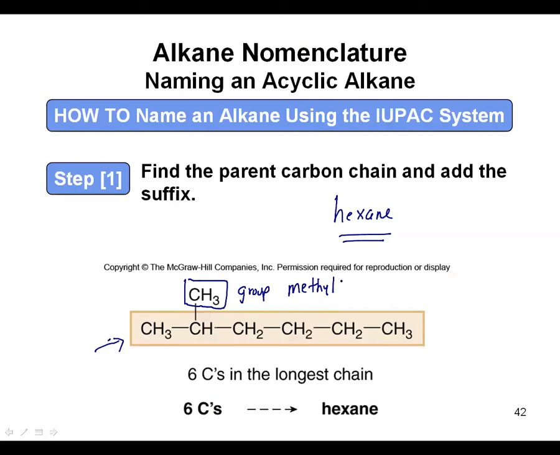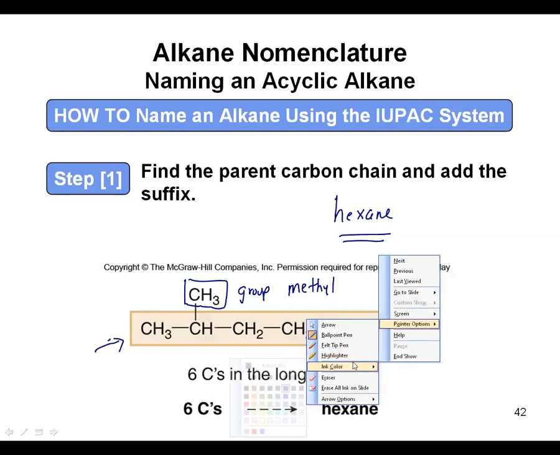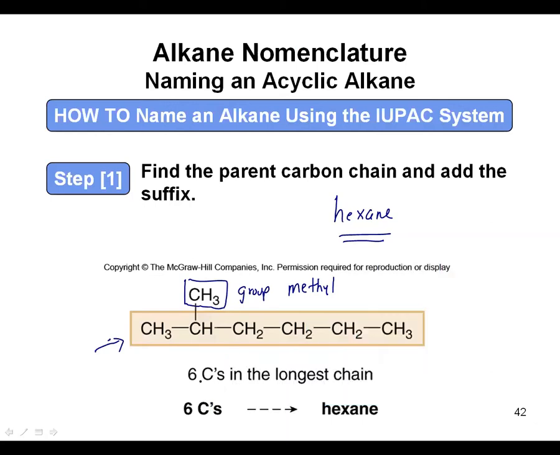But like I mentioned before, the whole goal of naming really is about location. So we need to give the location of where we find that methyl group. And to give the location, you need to number the longest carbon chain. So if we number the longest carbon chain, this is 1, this is 2, this is 3, this is 4, this is 5, and this is 6.